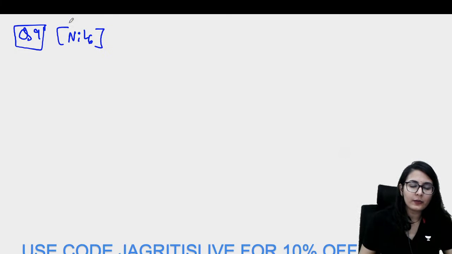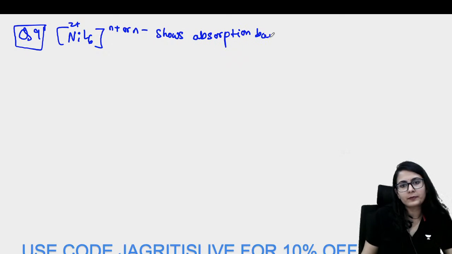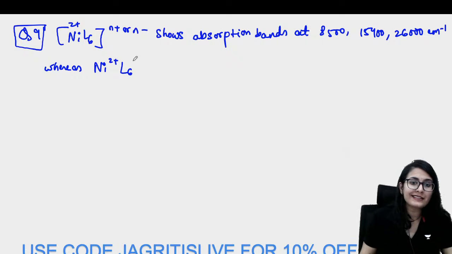NiL6, where nickel is 2 plus, there could be n plus or n minus, shows absorption bands at 8500, 15400, 26,000 centimeter inverse, whereas Ni, this is 2 plus once again, L'6. Okay, L' 6, this is a different ligand.